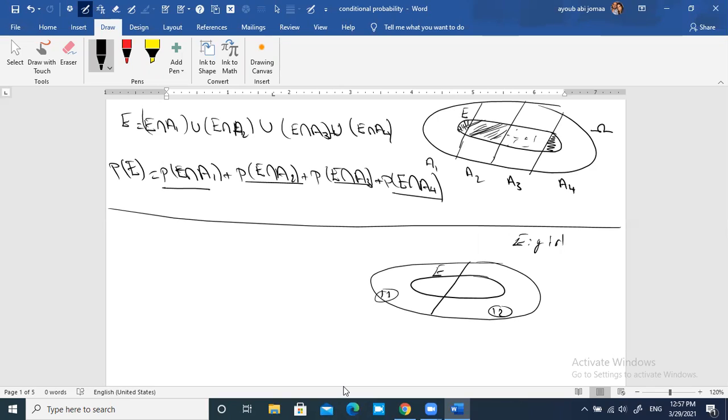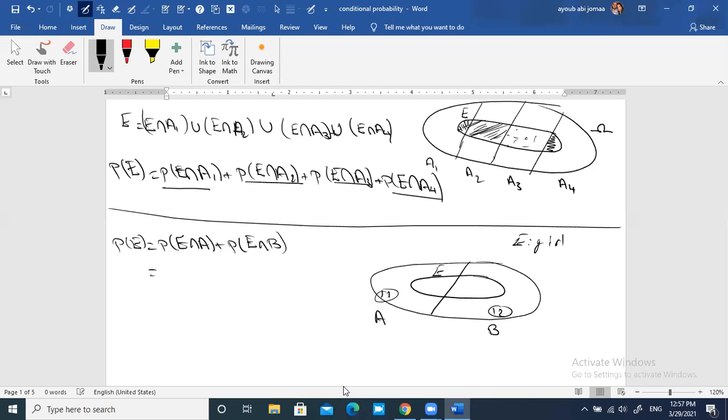So probability of E, let's call this A and this B. The probability of E is the probability of E intersection A plus probability of E intersection B. What does it mean? It is probability of girl and in grade 11 plus probability of girl and grade 12.